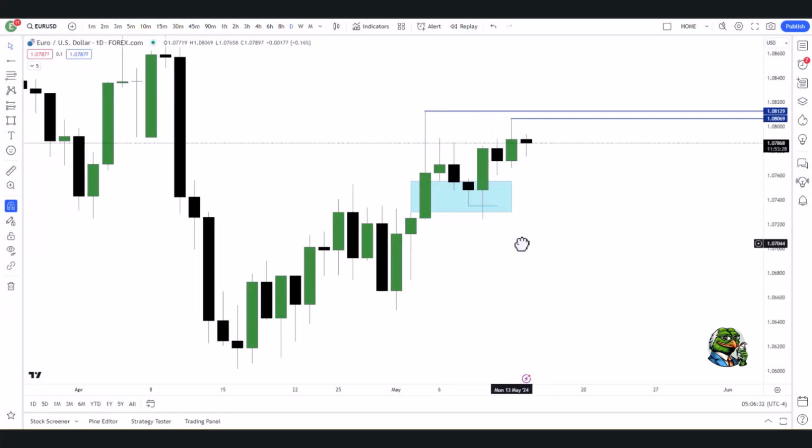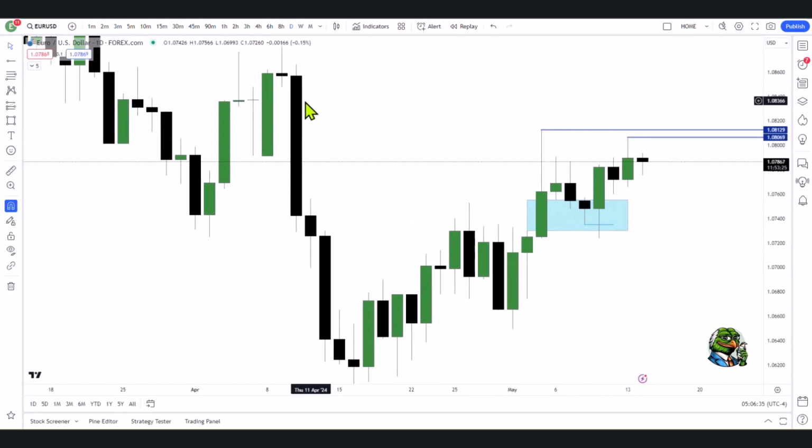Now also, there's all this efficiency on the left-hand side. This huge down candle is all downside price delivery. You can see it's all downside price delivery. Okay, all this downside price delivery that the market has now been coming up to try and rebalance this entire area. So that is another level that we need to consider, that the market may be going up here to balance this market, and in doing so, may want to take out this liquidity.